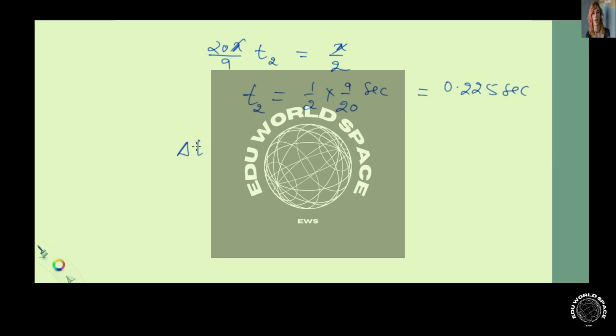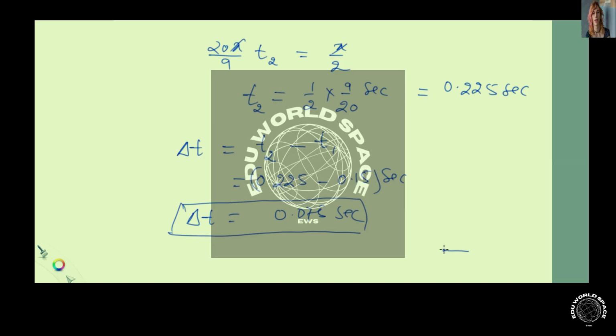Hence, the time taken by the particle to come from 0.160 meter to the mean position will be this total time t2 minus the time taken from 0.320 meter to 0.160 meter, meaning 0.225 minus 0.15 seconds, which comes out to be 0.075 second. And this is the answer for the second part of the problem.